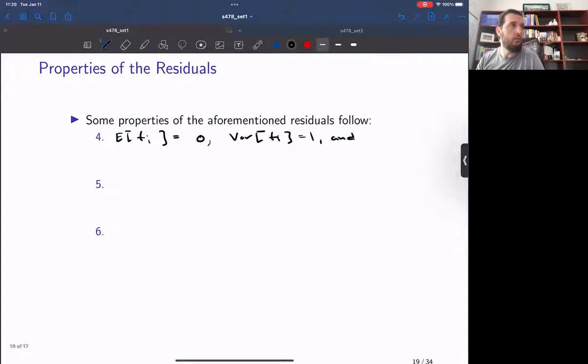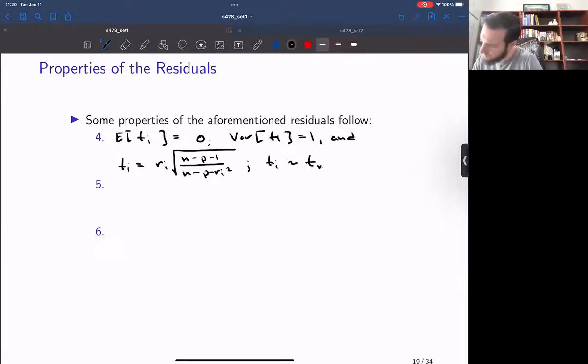And we can show that the value of Ti can be written as Ri multiplied by the square root of n minus p minus 1 divided by n minus p minus Ri squared. And this value itself follows a t distribution on n minus p minus 1 degrees of freedom. So again, the value of this is that we can actually write a formal hypothesis test about the value of Ti and use that to determine if there's evidence that that observation might actually be influential.